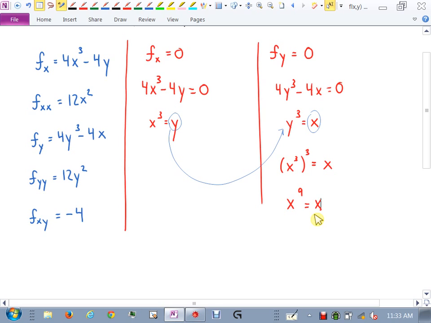You get what? That's right. There's only one issue when you divide both sides by x, and that's what if x is 0?